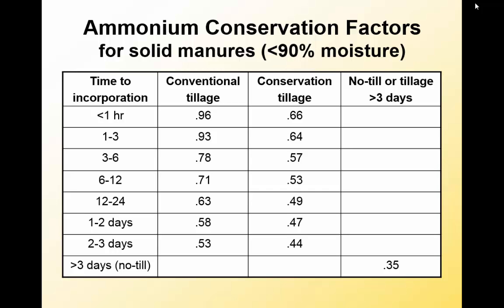In no-till systems where you're not going to incorporate, only 35% might be remaining. So this table is for inorganic nitrogen, about how much you can conserve through the practices you're doing, versus mineralization, which is about the release of organic nitrogen.